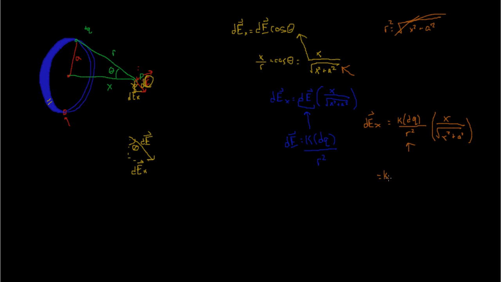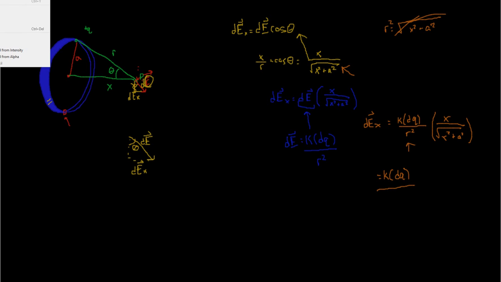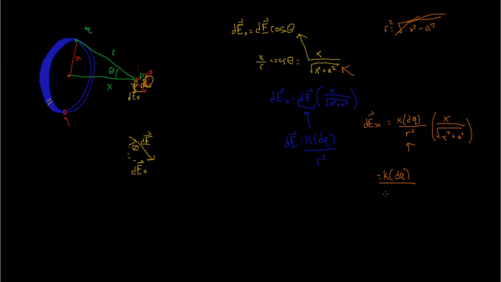So now this equals k dq over x squared plus a squared multiplied by x over square root x squared plus a squared. And all this is equal to the differentiating electrical field vector in the x direction.